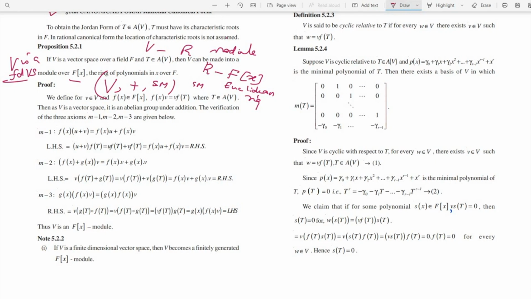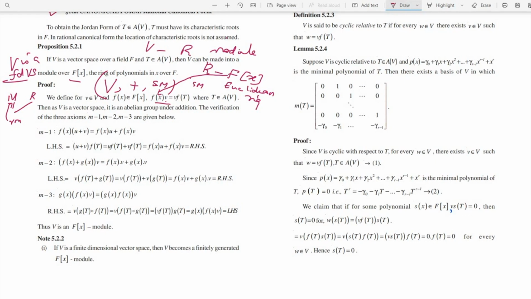In the case of a module, if we denote M to be the given set and R any ring, we consider small r from capital R and an m from M, so that rm should again be a member of capital M. Likewise here we need f(x) from F[x] and v from V, and the resultant should again be a member of capital V.